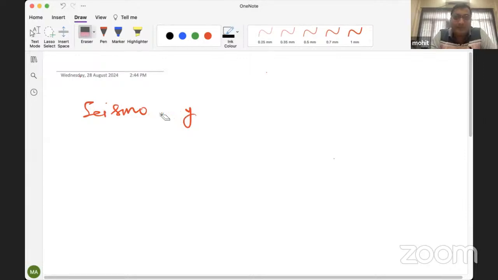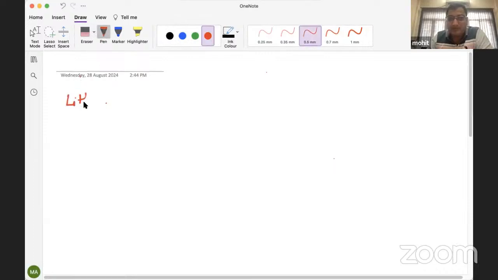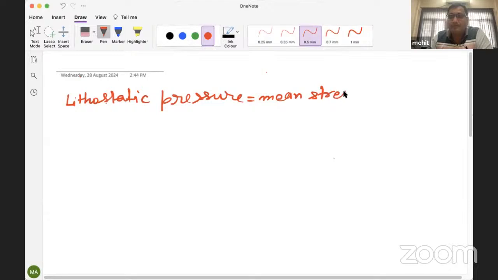For the last option, you are required to calculate lithostatic pressure. Lithostatic pressure is basically equal to the mean stress, and that is further equal to rho g h.